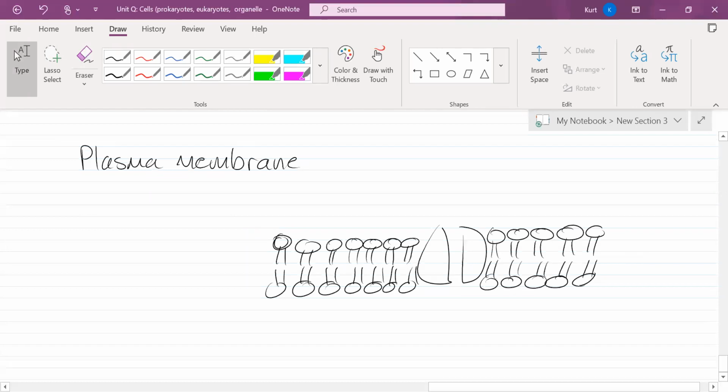Okay, what region is nonpolar, Otis? The inside or the outside? Inside. The inside, good. And that means the outside is polar.